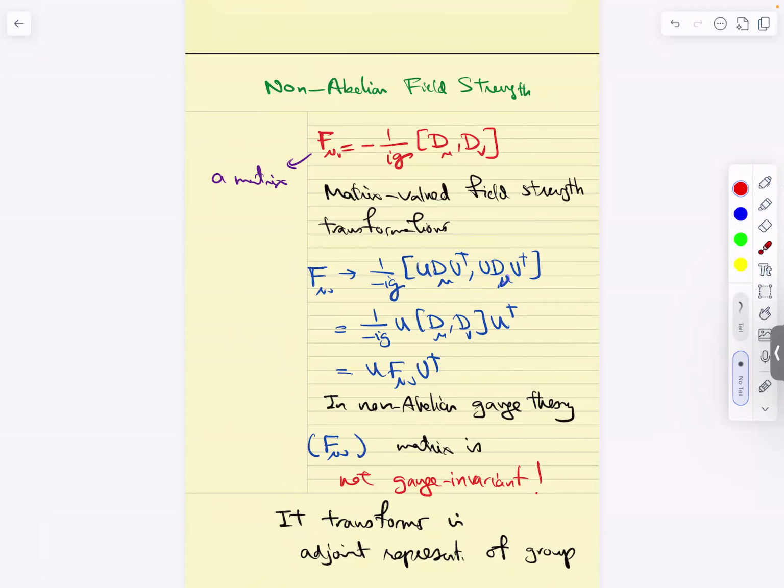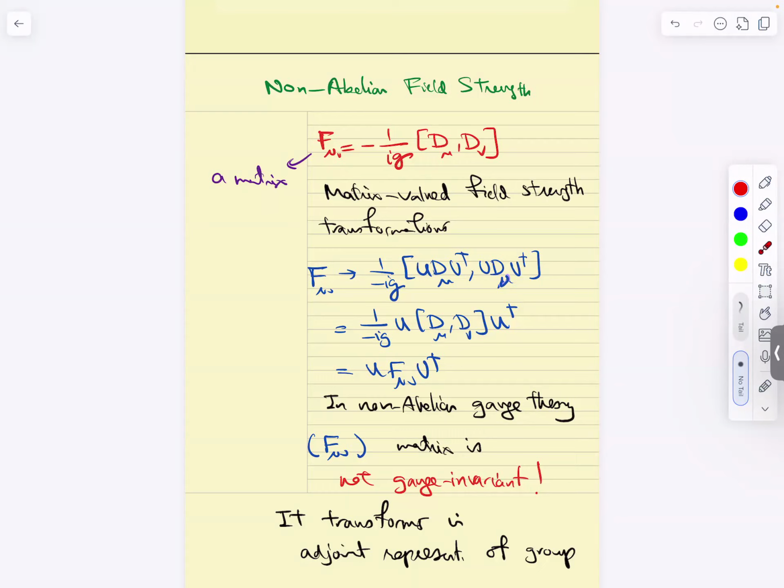It's called the Yang-Mills theory. The action of the Yang-Mills theory is minus 1/4 trace in the representation R of F mu nu F mu nu. You know that these are matrices, so they're in a representation.